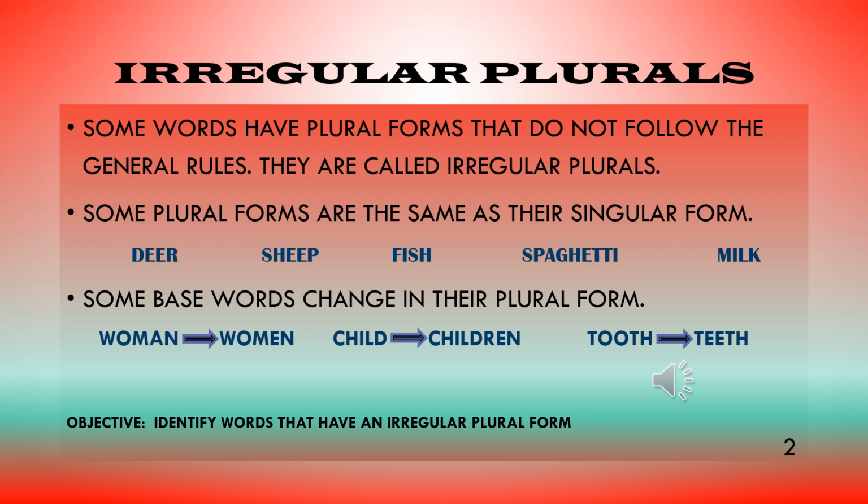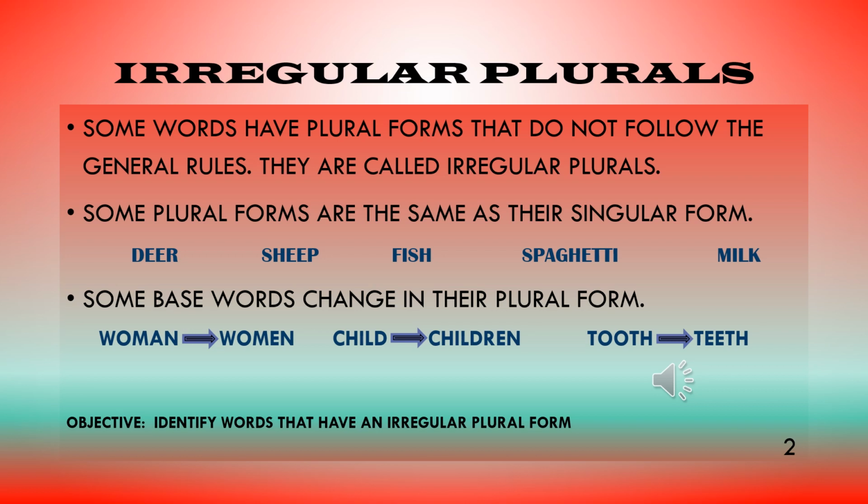The same thing happens with sheep, singular and plural is sheep. Fish is another example. Fish and fish, the same in singular and plural. Spaghetti is the same situation. Spaghetti is for singular and spaghetti is for plural. And the other one is milk.